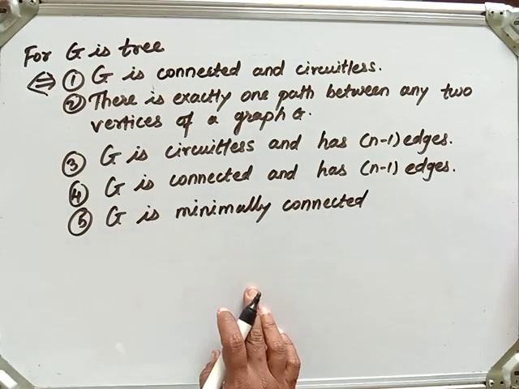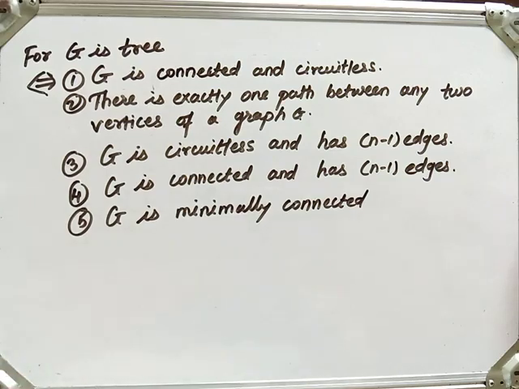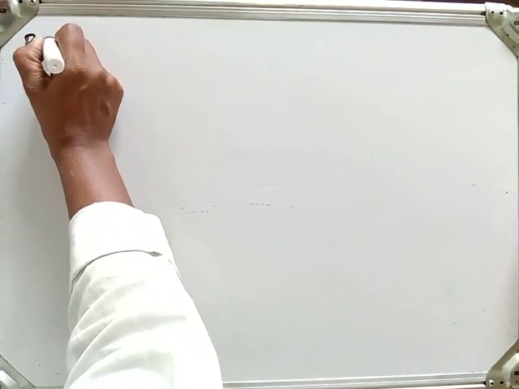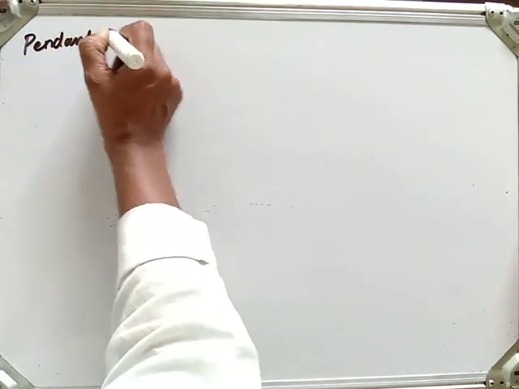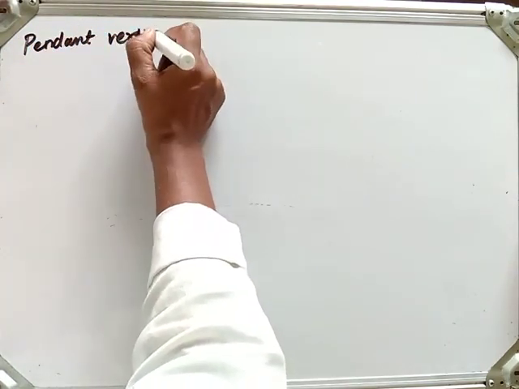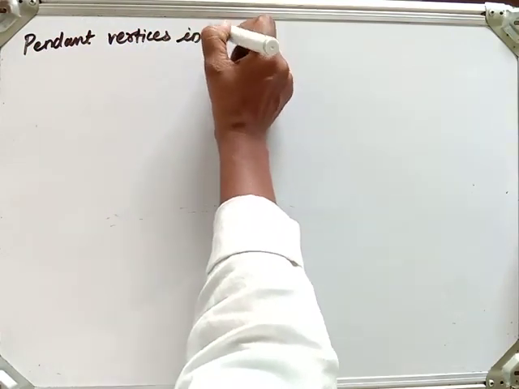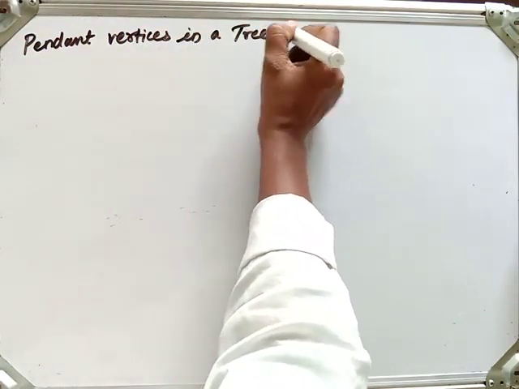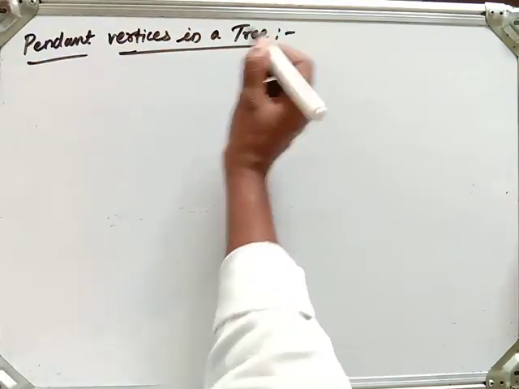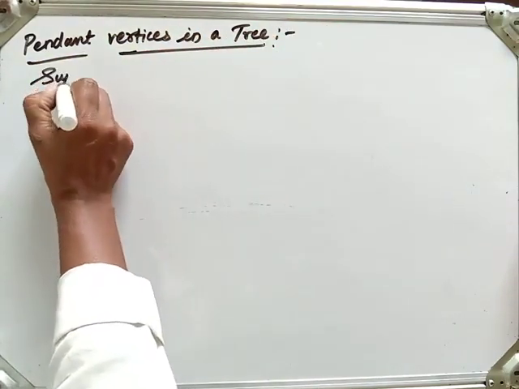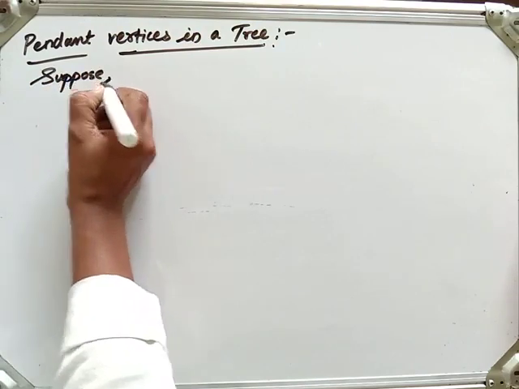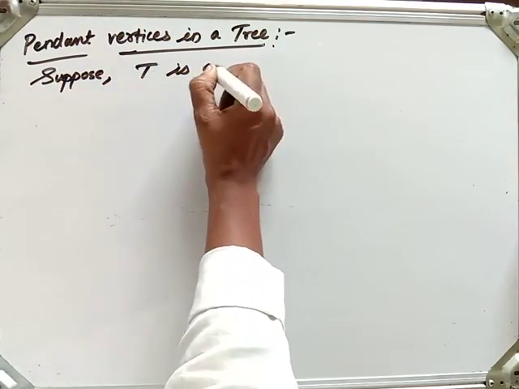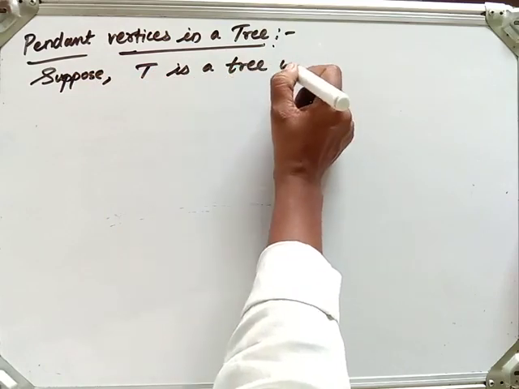Now, let's see the next part, the property or the number of pendant vertices in a tree. What are the conditions for that? Pendant vertices in a tree. Suppose T is a tree with n vertices.